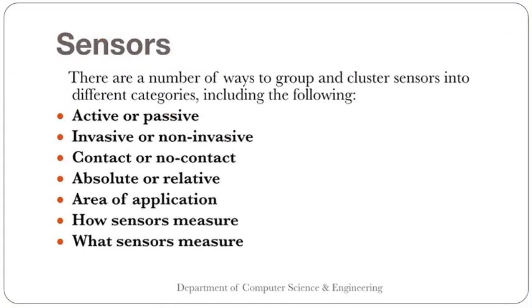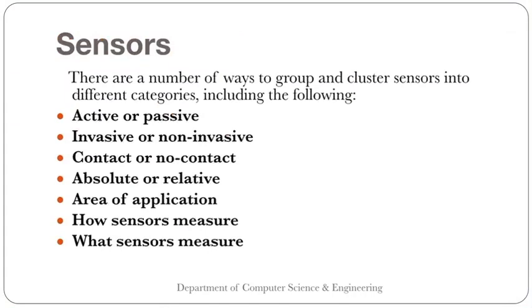Then area of application. Sensors can be categorized based on the specific industry or vertical where they are going to be used. Then there is how sensors measure, based on the physical mechanism used to measure sensory input.